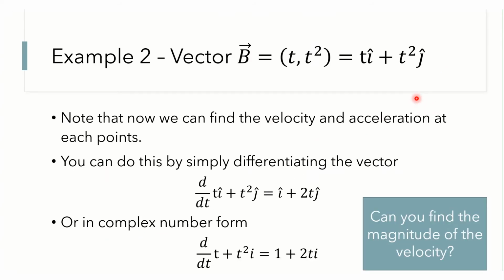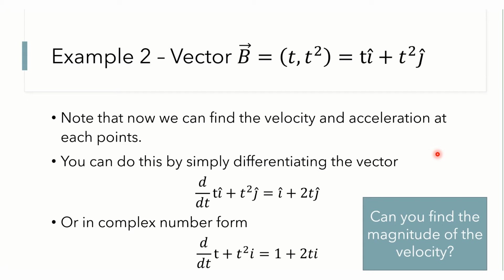So now let's go back to this slide, and as you have seen here, for this vector we can actually calculate the velocity and the acceleration of this vector. So if you want to find the velocity, you just have to simply take the derivative of the vector with respect to time.